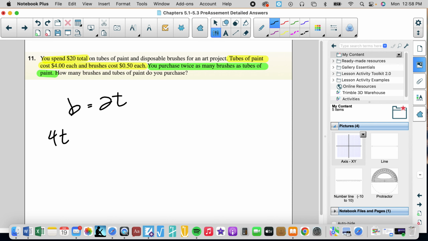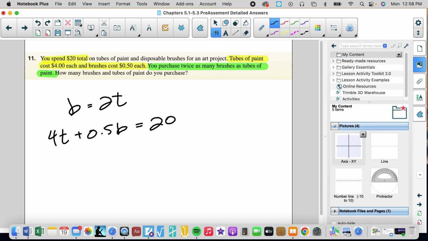So if I multiply 4 times the number of tubes, I will get the total cost of the paint. And then if brushes cost 50 cents, I'm going to multiply the cost times the number of brushes, and that will be the total cost that I spend on brushes, and then I know I have a total of $20.